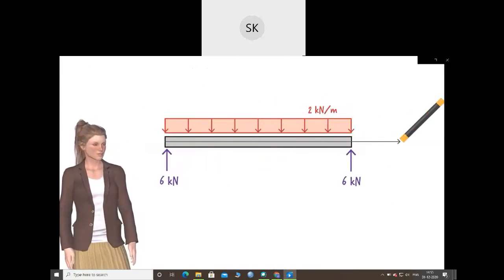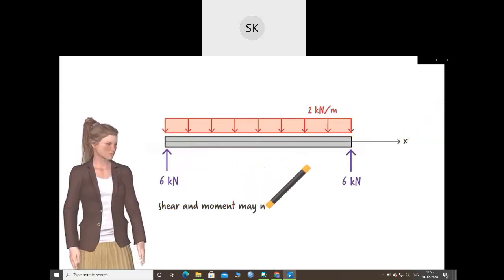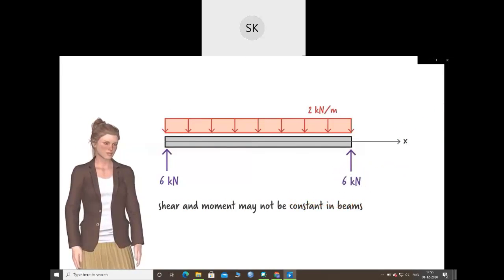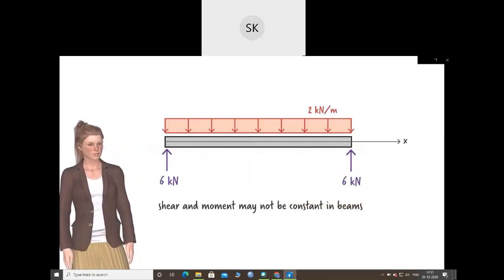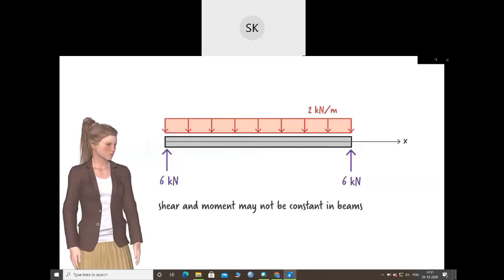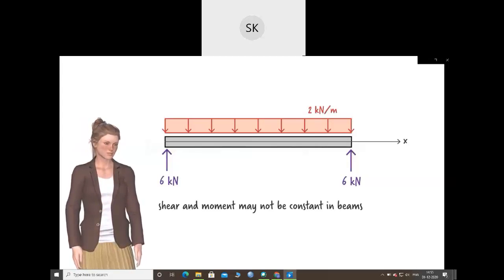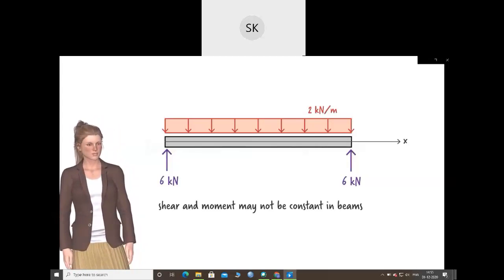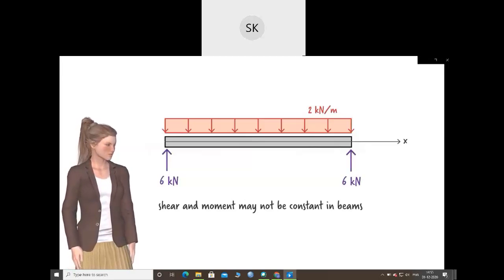Since shear and bending moment may not be constant along the length of the beam, we need to be able to either express them mathematically or graphically so that their maximum and minimum values can be readily determined. In this lecture, we focus on the mathematical representation of shear and moment in beams.